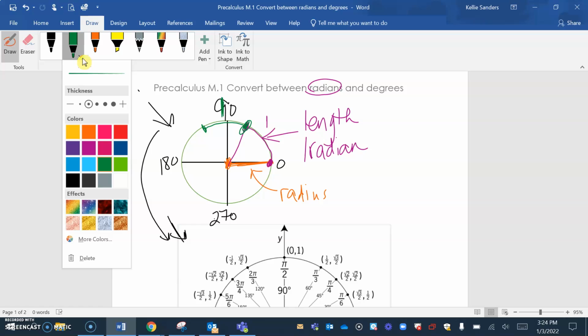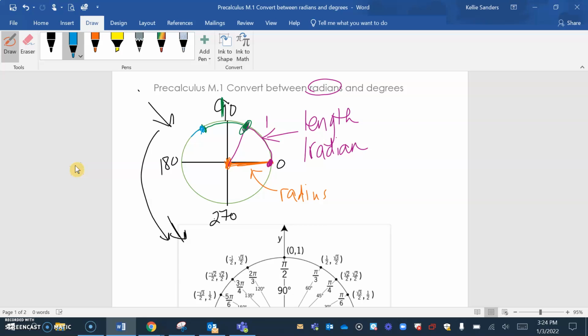Change colors again. And here, 1 radian. And notice that it did not completely get to half of a circle. It did not get completely to 180.